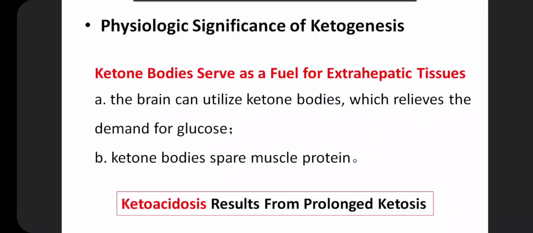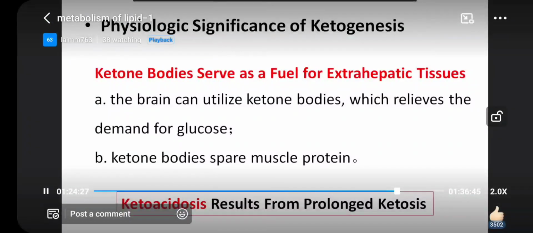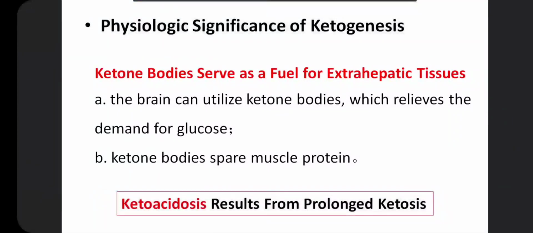That is because the ketone bodies are small and can easily diffuse across the blood-brain barrier. And using the ketone bodies is also important as it spares muscle protein, which would otherwise be degraded at much higher rates to provide glucose, with detrimental effect on the organism.